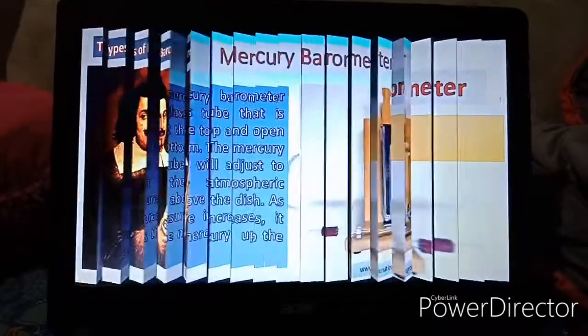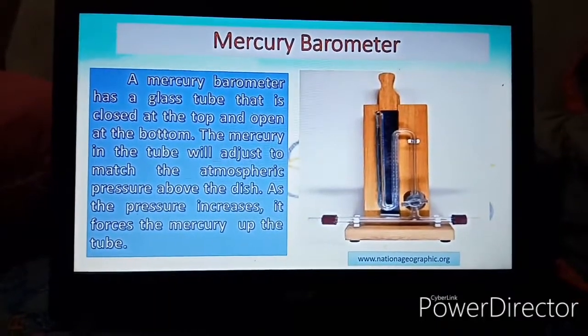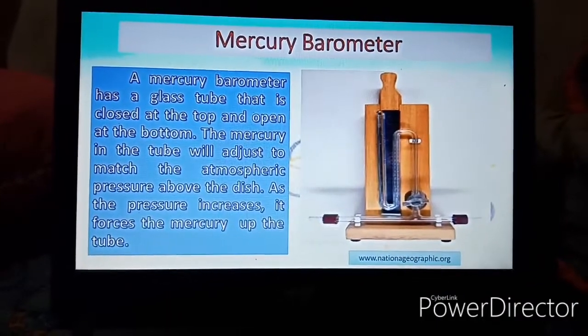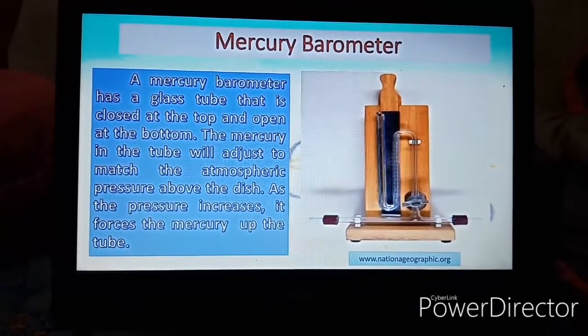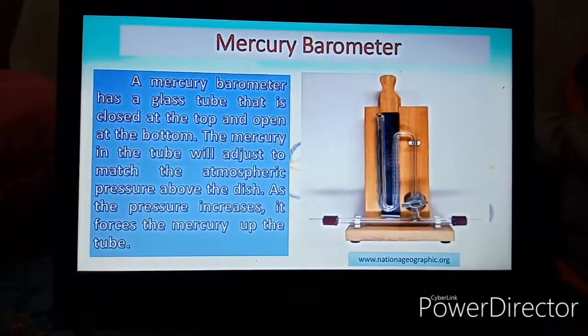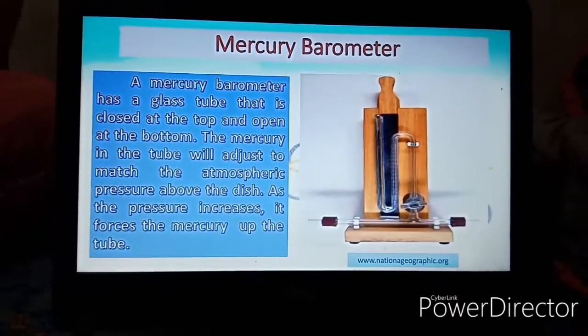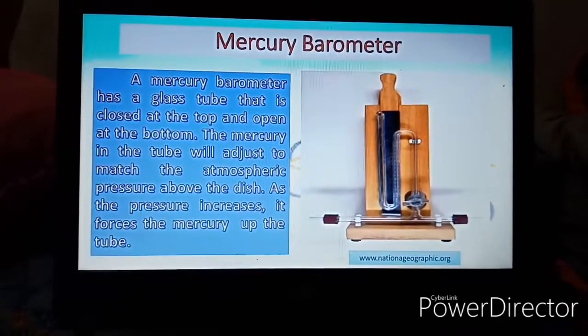So a mercury barometer is defined as a glass tube that is closed at the top and open at the bottom. The mercury in the tube will adjust to match the atmospheric pressure above the dish. As the pressure increases, it forces the mercury up the tube.